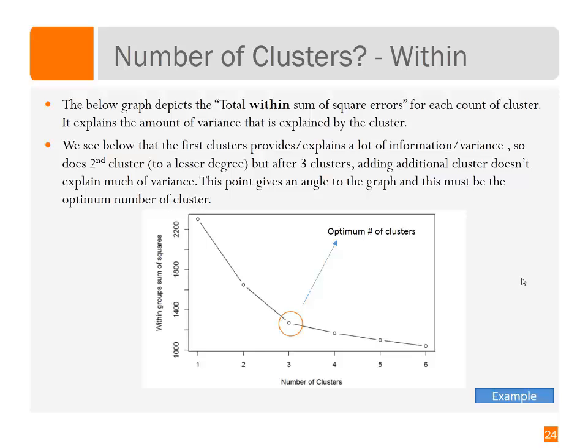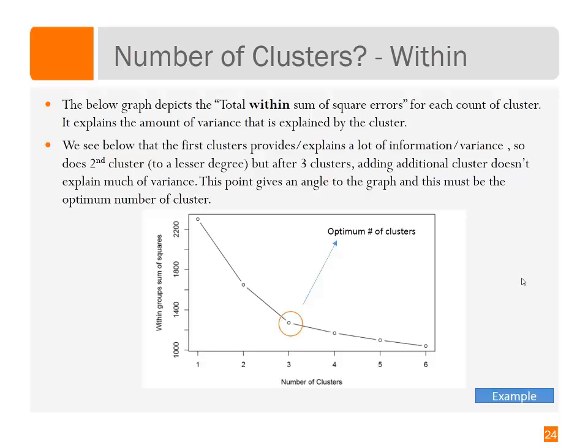And so the way that we're determining how we get the least amount of error in our model is through a measurement called within sum of square errors, which means the least amount of error for the distances within our group.